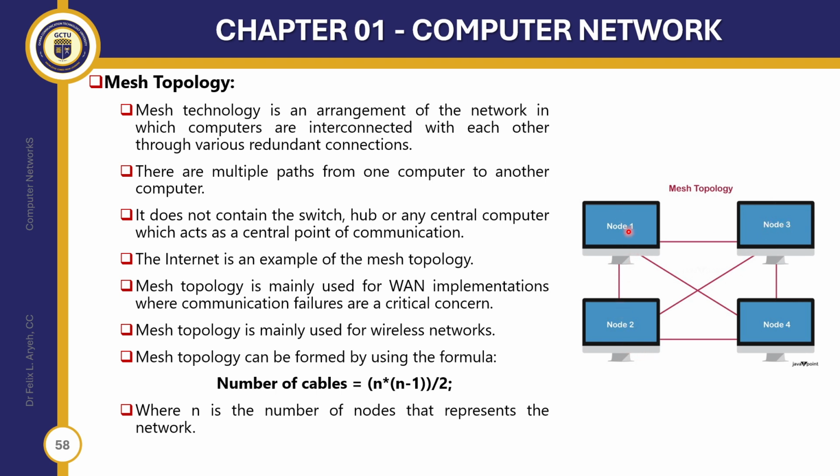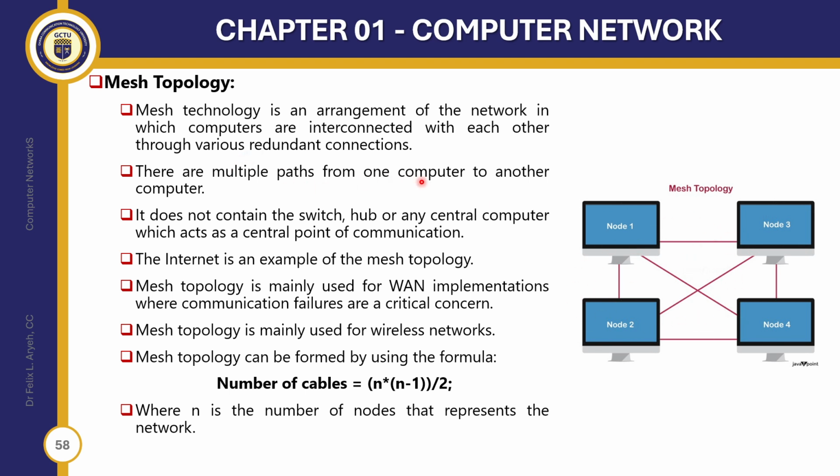So this is connected to this, and connected to this, and connected to this. Node 1 is connected to node 2, node 4, and node 3. Node 3 is connected to node 1, node 4, and node 2. So we set up redundant connections in a mesh topology.